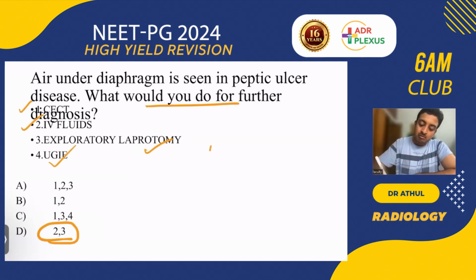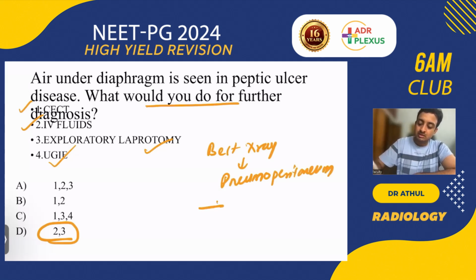And what is the best X-ray view for pneumoperitoneum? Any idea? Is it erect X-ray chest or erect X-ray abdomen? Yeah, it is erect X-ray chest.